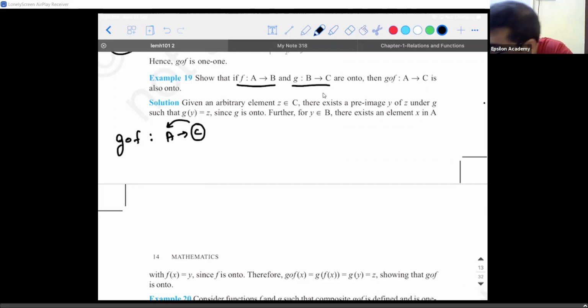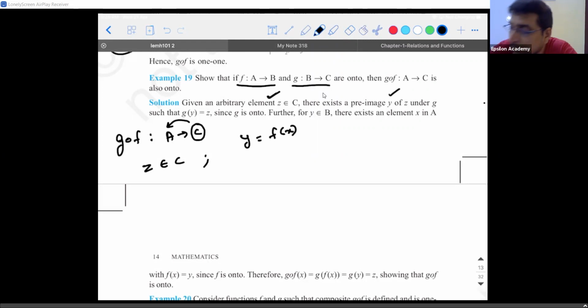If I consider an arbitrary element, let's say z, which belongs to set C, then there exists a pre-image y of z under g, which is given as g of y equal to z. If I say y is equal to f of x, then g of f of x can be written as g of y.